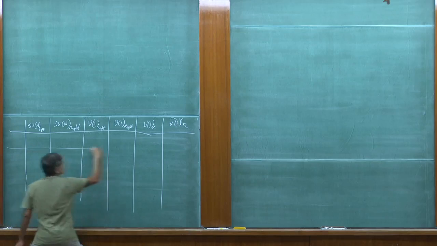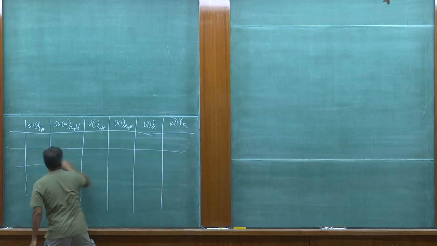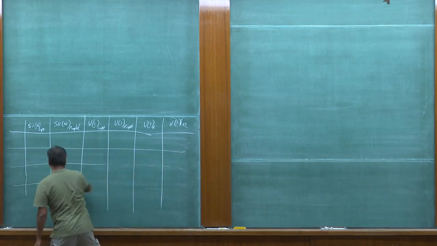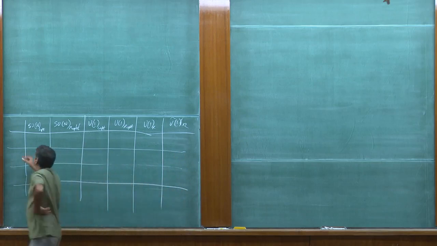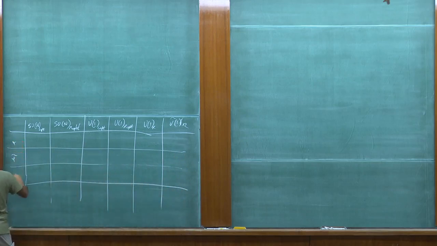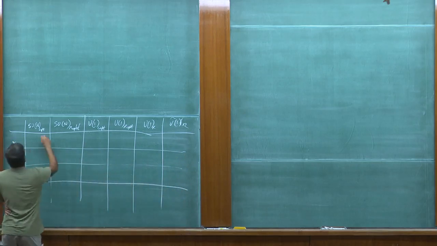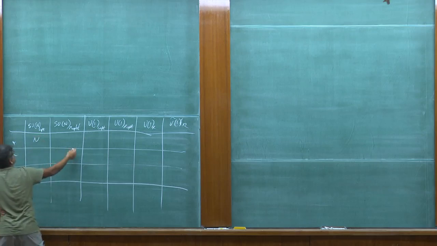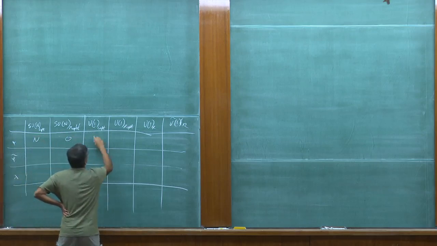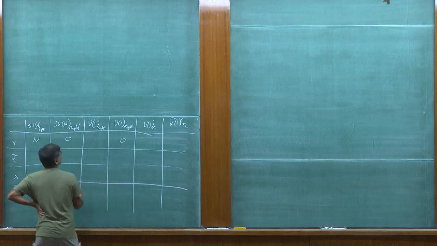We have psi tilde, lambda. So n, 0, 1, 0.